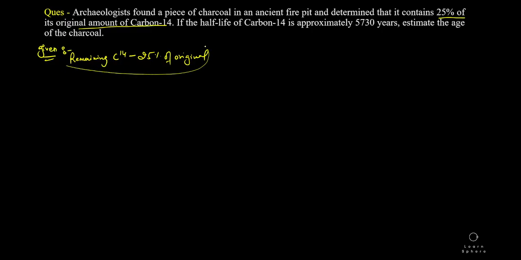This means 75% is decayed. If only 25% is present, then it means 75% is decayed, and the half-life of carbon is given as 5730 years.